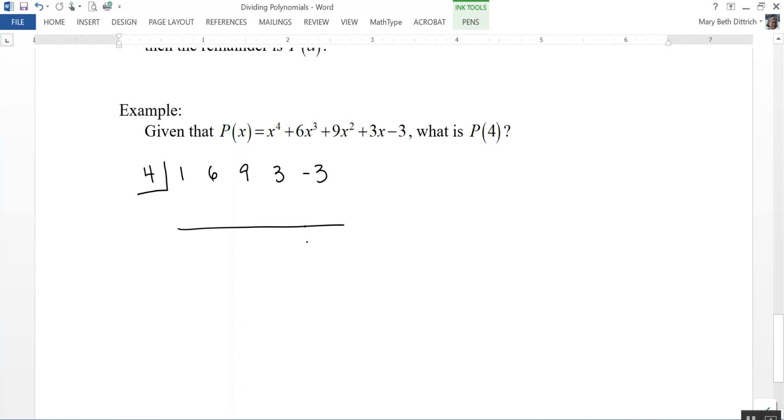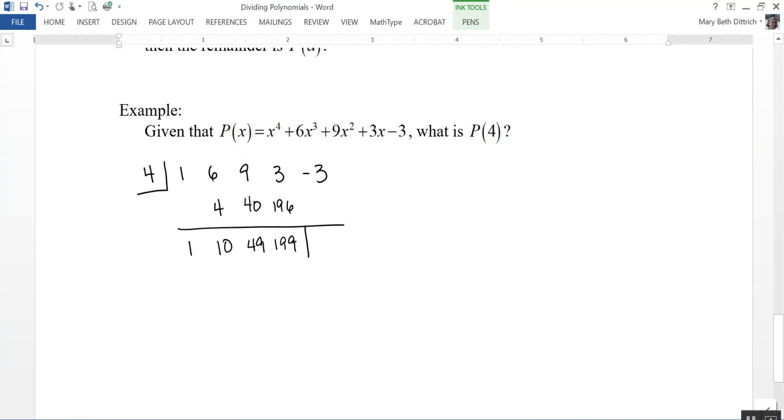And my remainder, the number that I'm going to get here, is going to be what p of 4 is equal to. So synthetic division, let's bring down our leading coefficient of 1, and I'll do 4 times 1, which is 4, and then add those. 4 times 10 is 40, and add those. Okay, 4 times 49 is 196, and then add those.